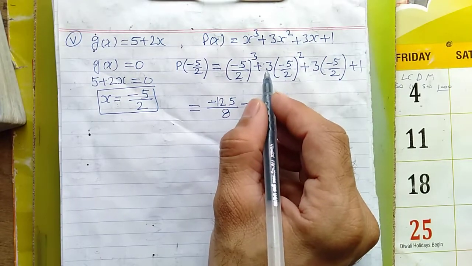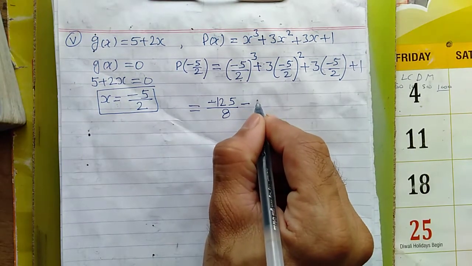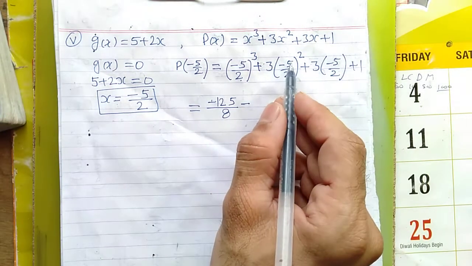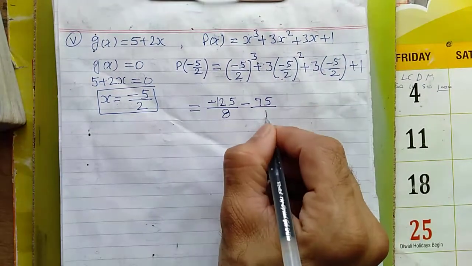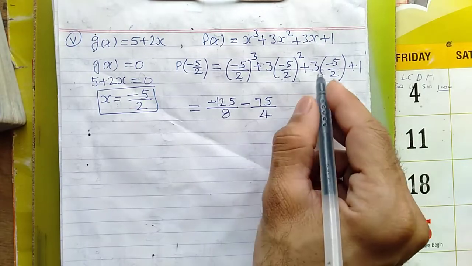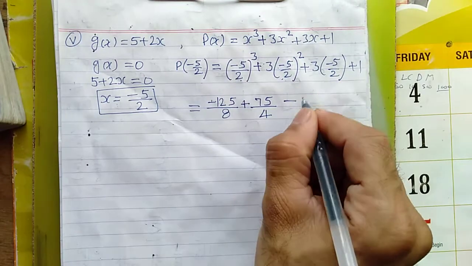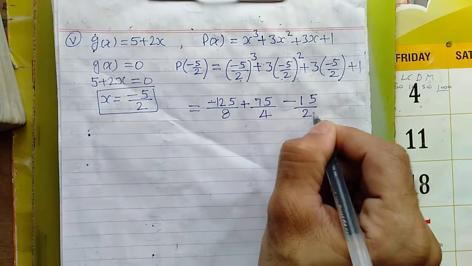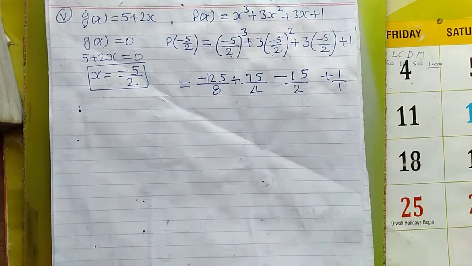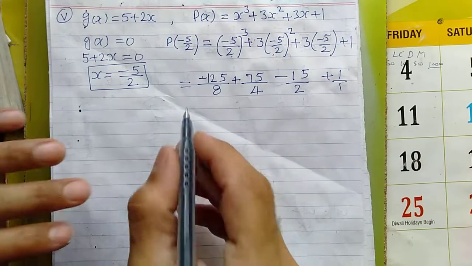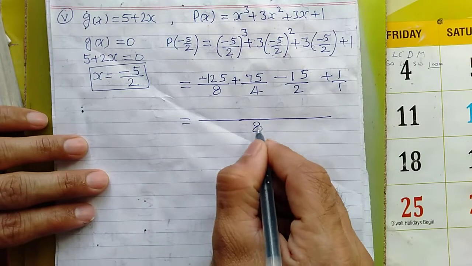So now here 5 5s are 25 and 25 3s are 75. 75 upon 2 2s are 4. Same here, this will be minus and this will be plus, because minus minus is plus. 5 3s are minus 15 upon 2 and plus 1 upon 1, right? Now next step, in this one we will take the LCM of all this, and the LCM will be 8.